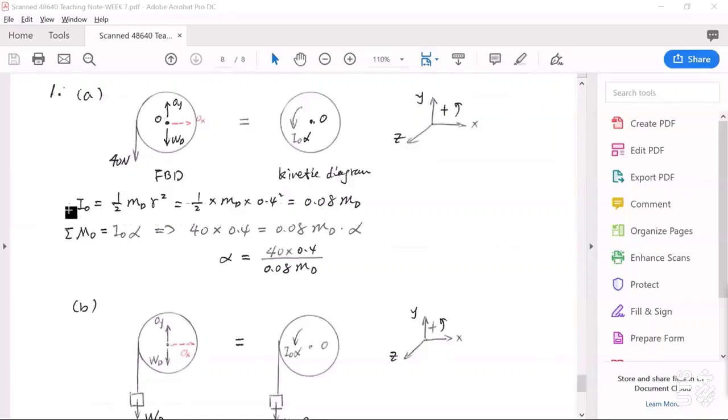So I can calculate the MMI of this drum about O. For this drum, I can use the established equation to calculate its MMI about O.